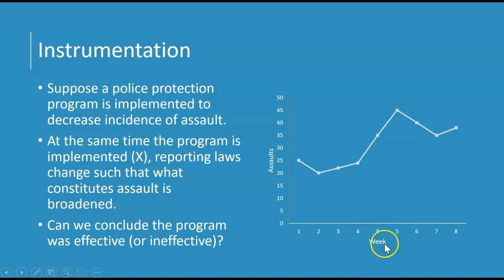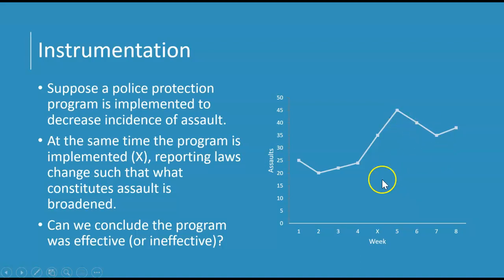What if at the same time you implement your program, there's a change in the actual reporting laws about what's considered assault, and it has been broadened? So more behaviors constitute assault, and therefore you can arrest people for that behavior. So there you would have more arrests and an increase.